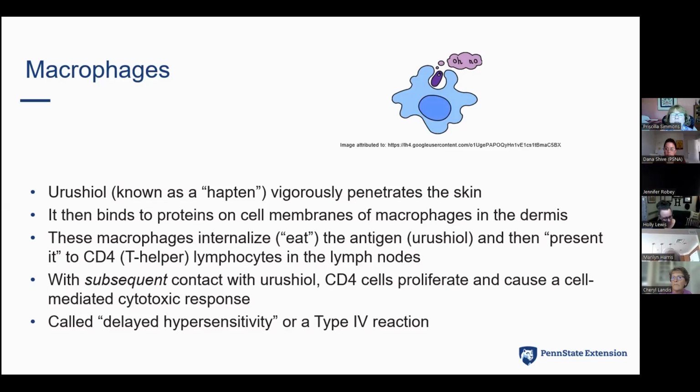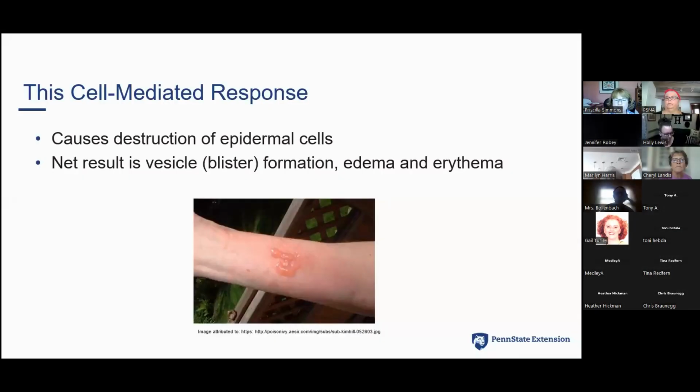And over time, there's a desensitization process that can happen. So you might talk to older people typically, who will say, I don't get poison ivy anymore. And that is physiologically possible.